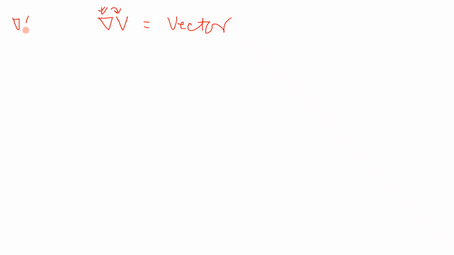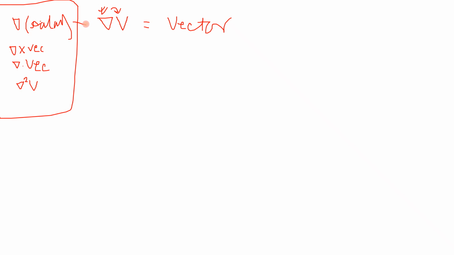It can be applied directly to a scalar, or applied on a vector like a cross product or a dot product with a vector. There can be a Laplacian operator also, that is the double derivative on vector and scalars, that we have seen. But if we talk about the first one, the del operator on a scalar, the output is a vector, that is called the gradient.